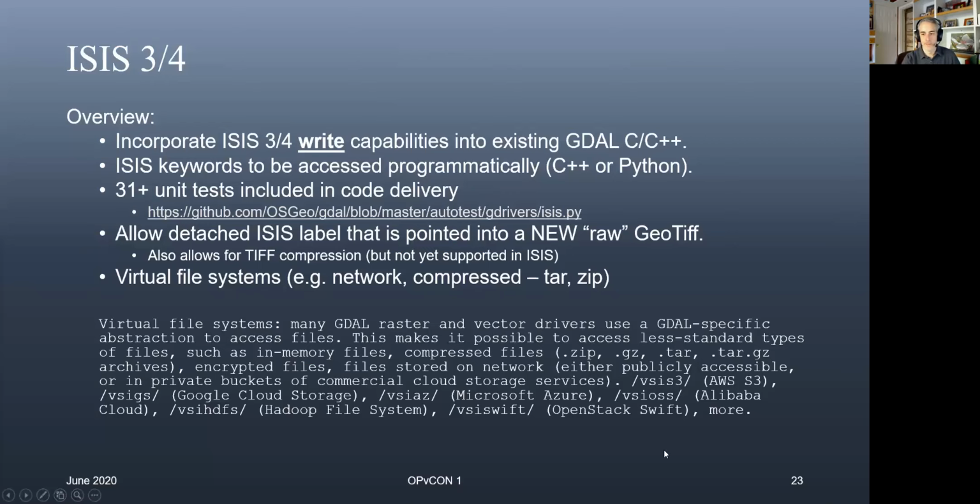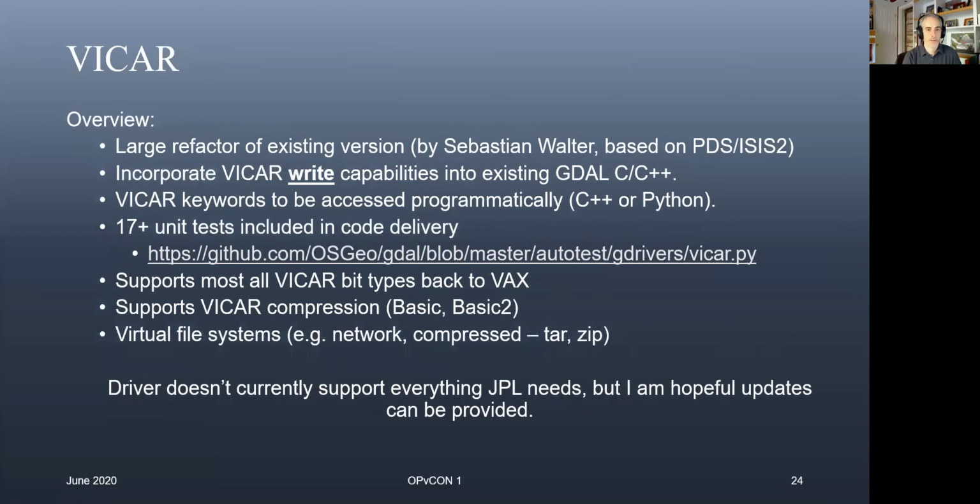And if you look down here, that is AWS and Microsoft Azure and Alibaba, Hadoop, OpenStack Swift. So any of the ISIS files that are stashed in these types of network or virtual file systems are now supported in the driver. And we just don't know how that will be impacted yet.